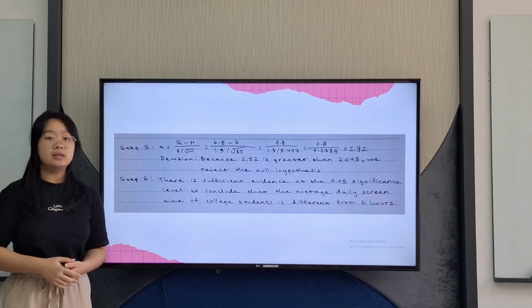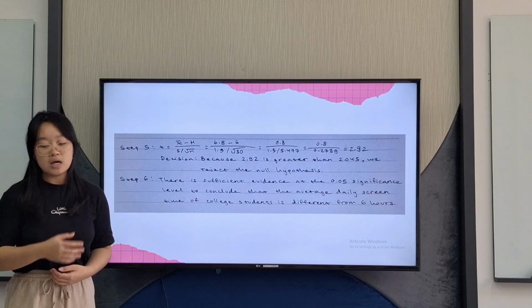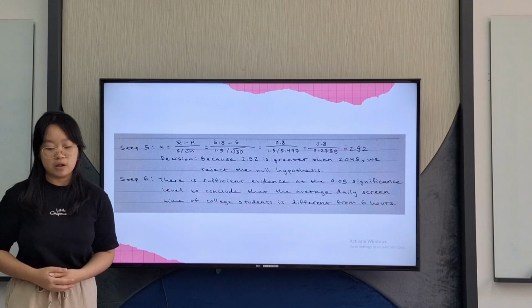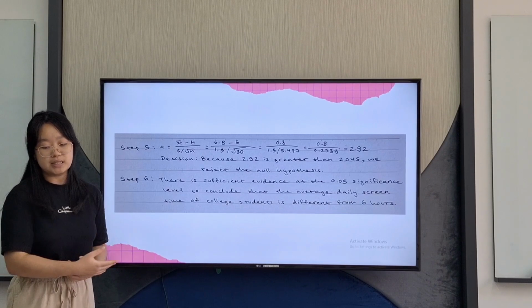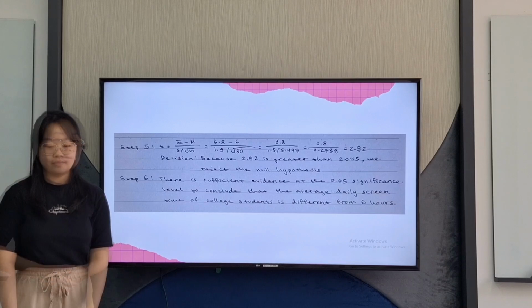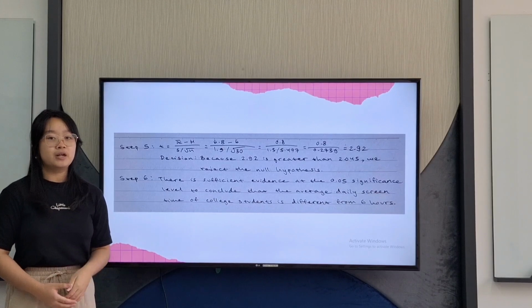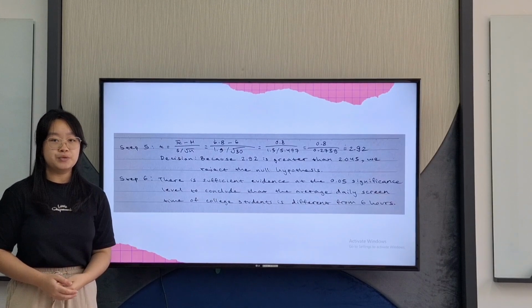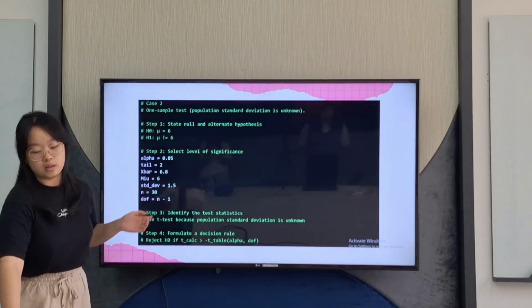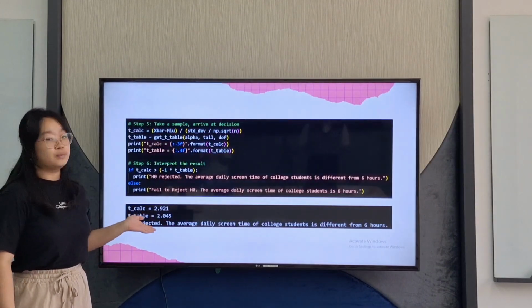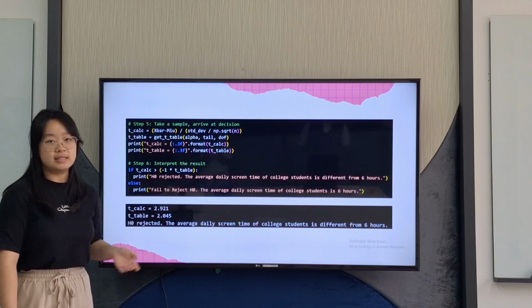Next for the conclusion, there is sufficient evidence at the 0.05 significance level to conclude that the average daily screen time of college students is different from 6 hours. So it is okay for the college students to continue learning using online learning platforms. Next, we have the code, and the answer that we got from both manually and code is the same.